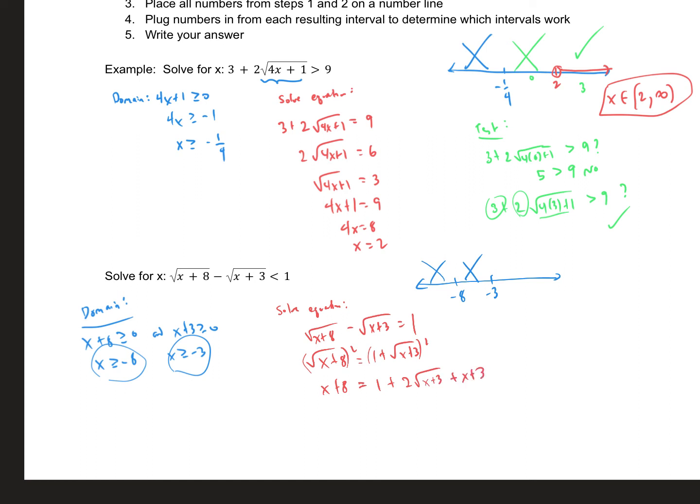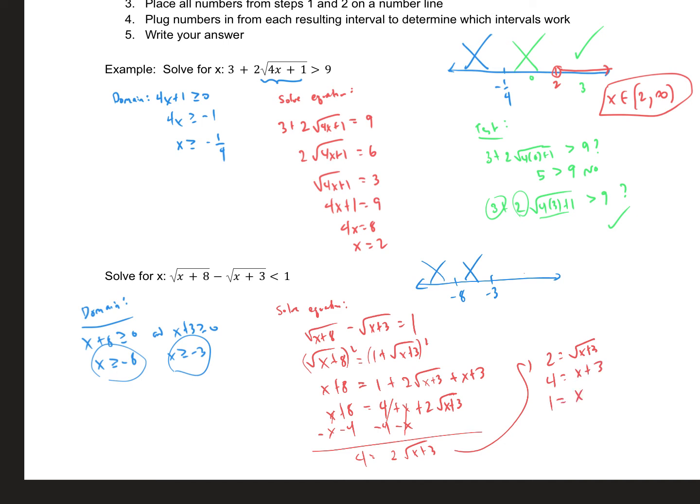And then I work to isolate that radical. So 1 and 3 make 4. I'm going to subtract 4 and x from both sides. Divide both sides by 2. Square both sides. Subtract 3 from both sides. Put that on my number line.